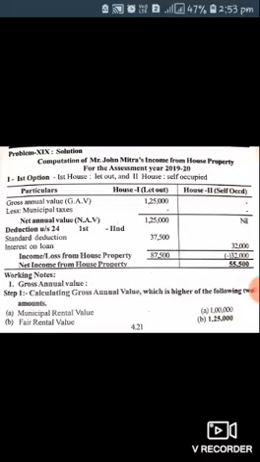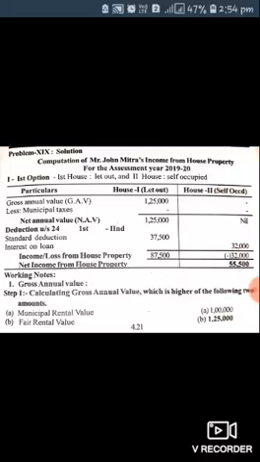For the self-occupied house there will not be any gross value, and no taxes have been paid because they are due. The net annual value is 1,25,000, and standard deduction 37,500 for the first house. The second house is a self-occupied house. Interest on loan is 32,000.